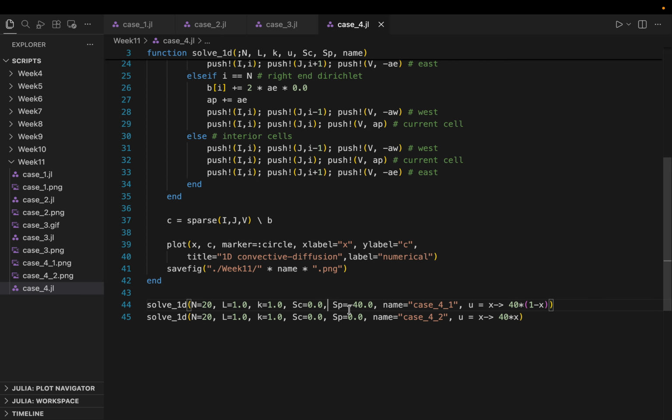So KSP is 0. We just write like this and see what happens.